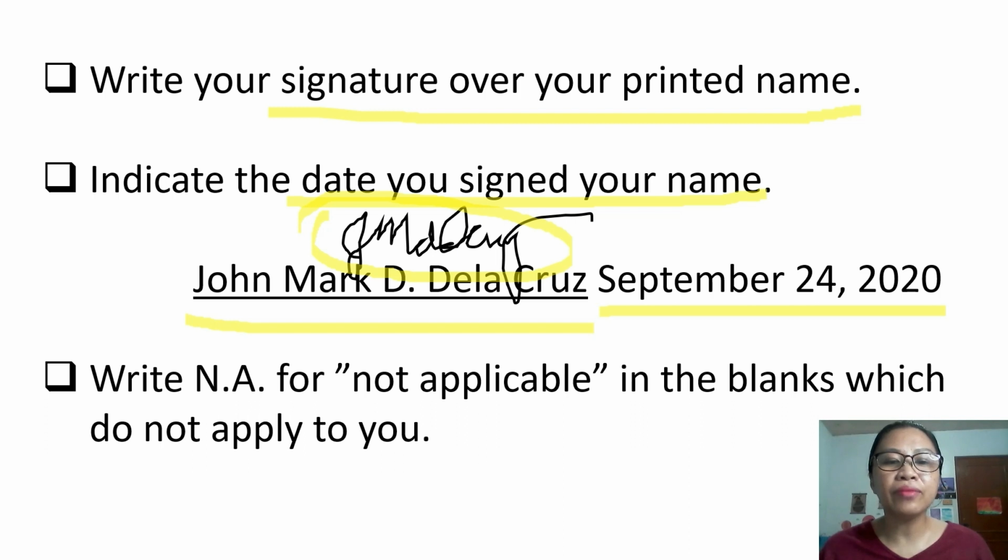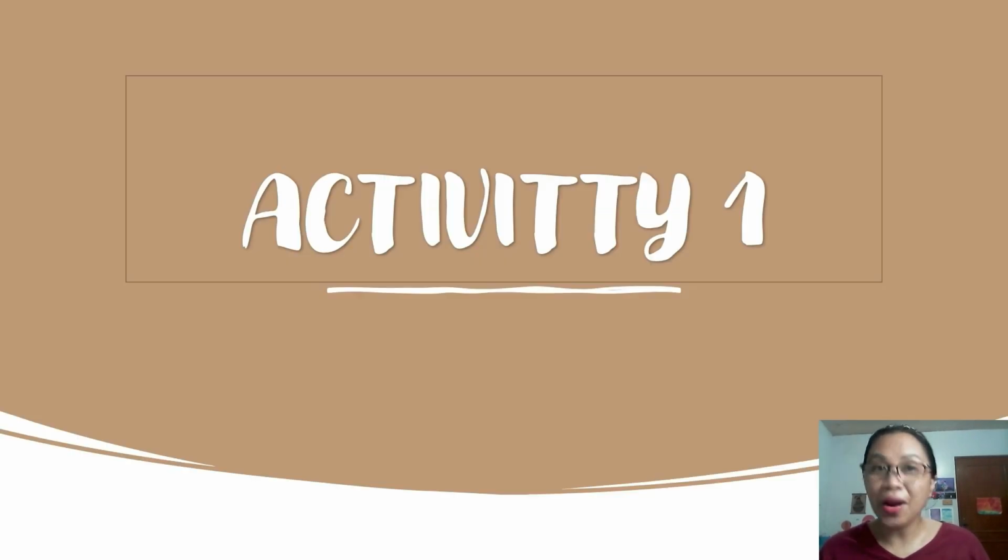And if there is information that you think is not applicable, meaning you think it is not important for you, you just have to write NA so that you won't leave any blank in the personal information sheet. So are you ready to have an activity? So let's have this Activity 1.